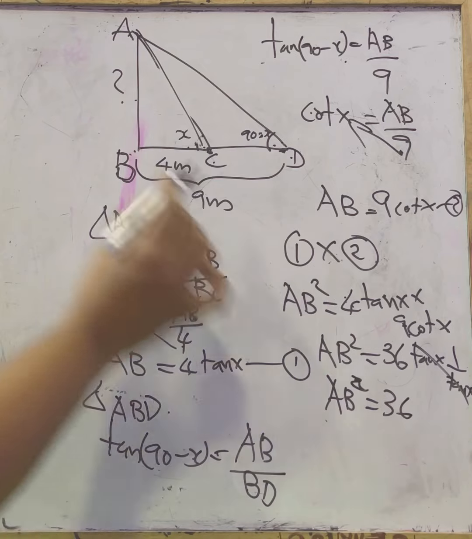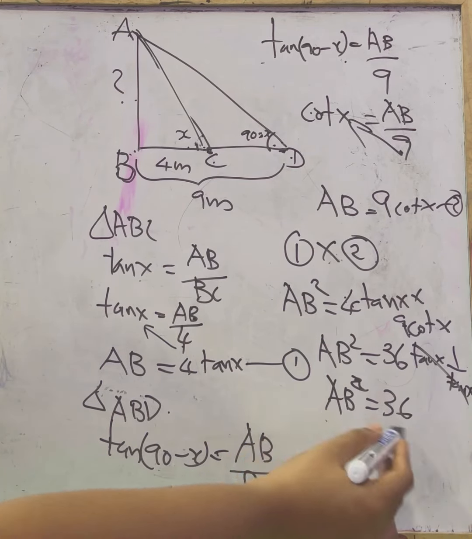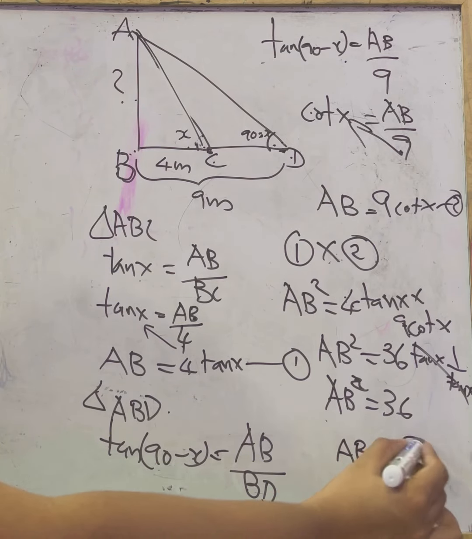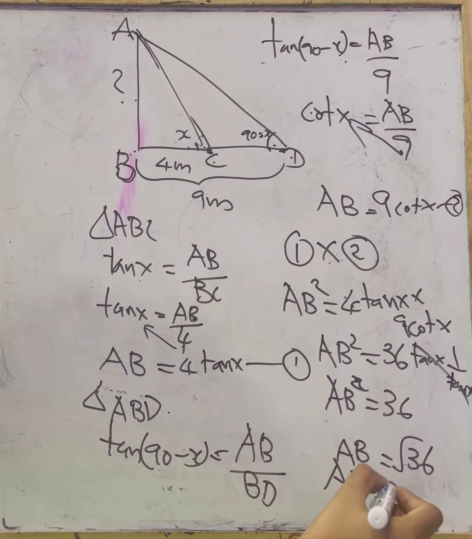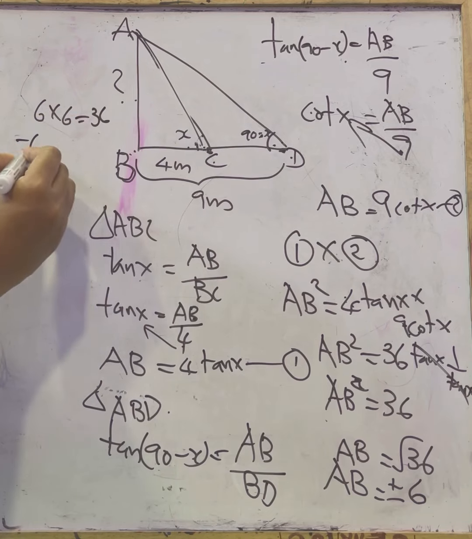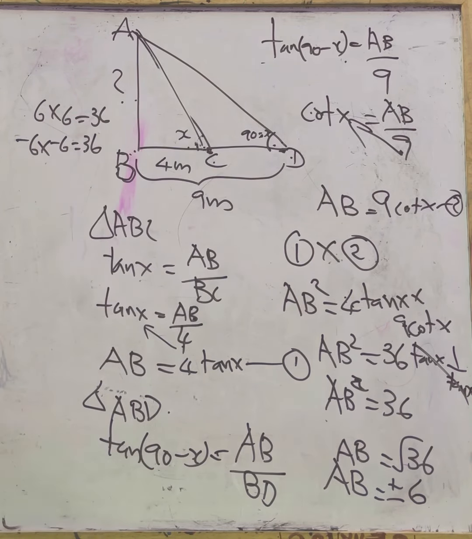And we need to find out the AB length, not AB square. So taking square root on both sides, this becomes AB and square root of 36. What is the square root of 36? The answer is plus or minus 6 because plus 6 into 6 is 36, also minus 6 into minus 6 is 36. So what will we consider here?